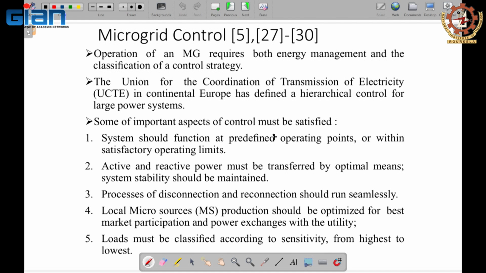Whether we have the main grid or a microgrid, it will require energy management, balance of the power, both real power and reactive power, and the power system parameters, particularly voltage and frequency, have to be within the operational limits.